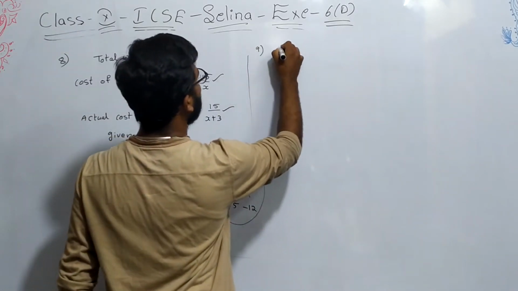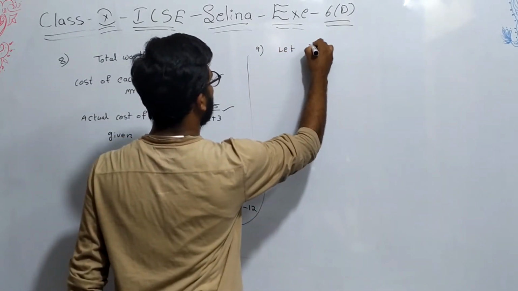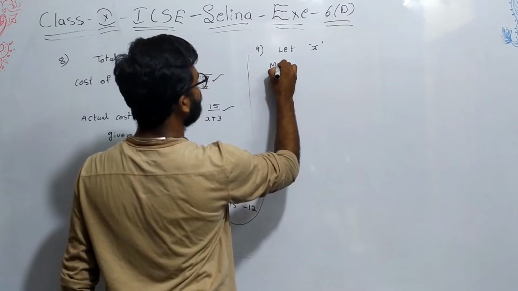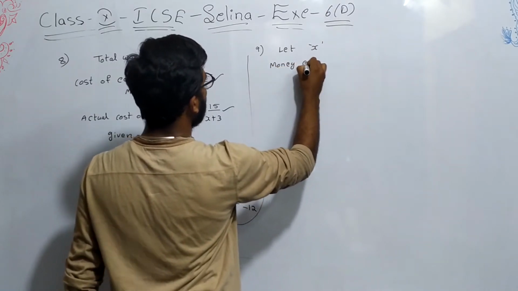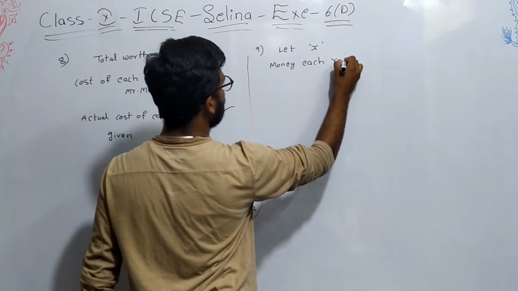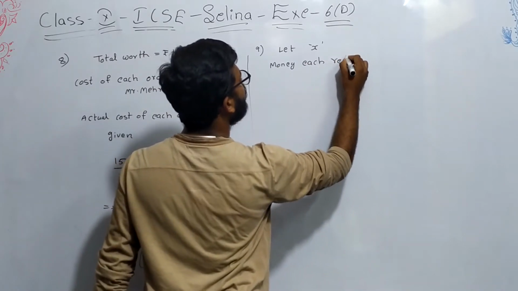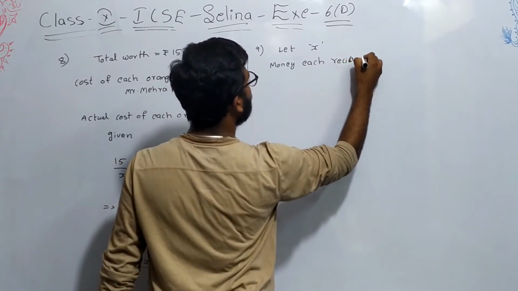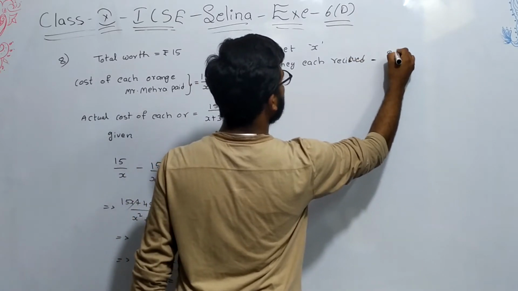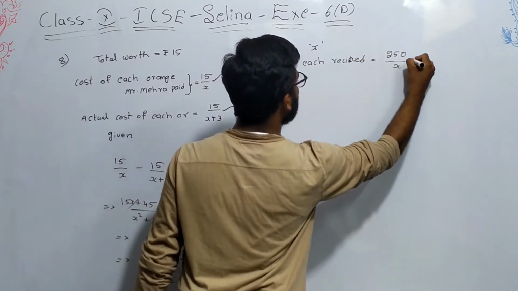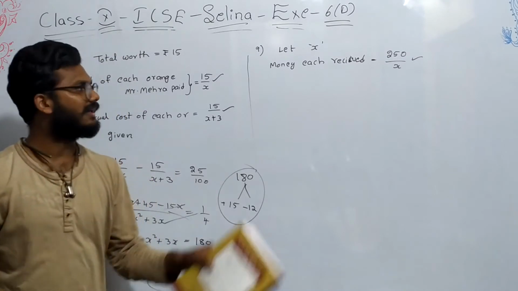So, let there be x children. So, the money each received is equal to total 250 rupees and there are x members. So, this much money each will get.